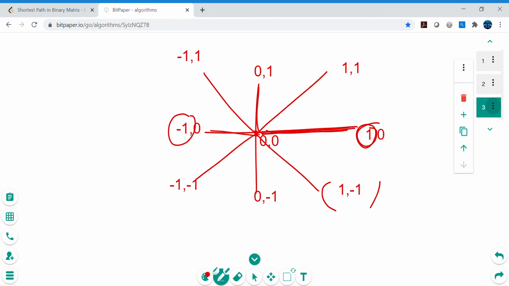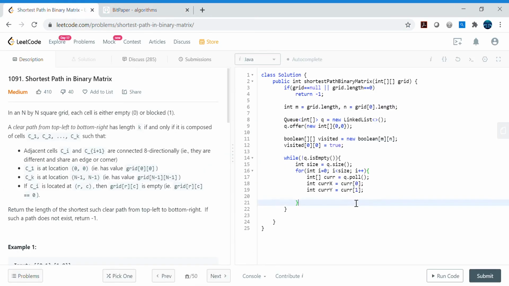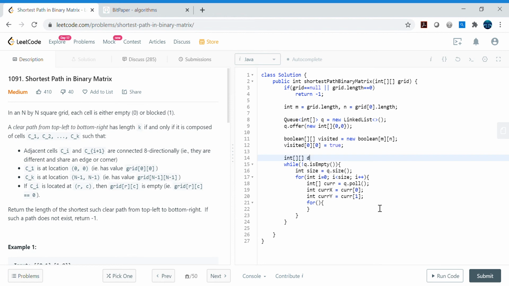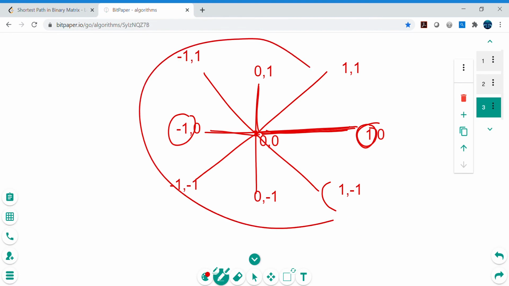Okay, all right. So let's come to here, and now from these coordinates we need to move 8 directionally. So let's take the 8 directions here. These 8 directions are these coordinates, right?